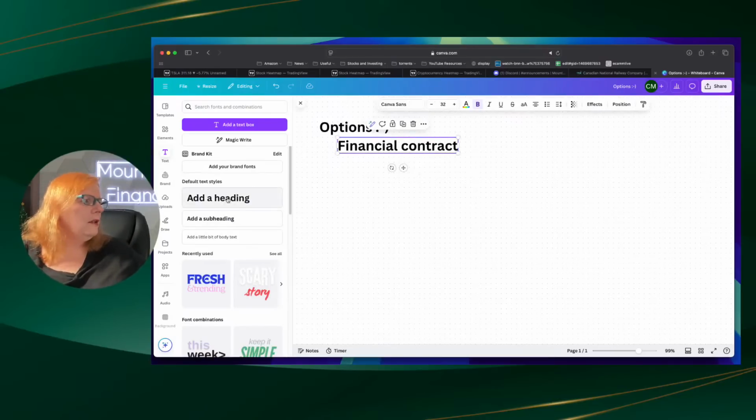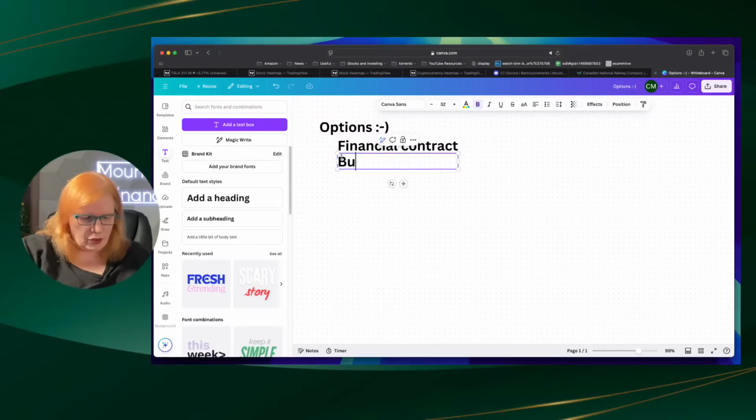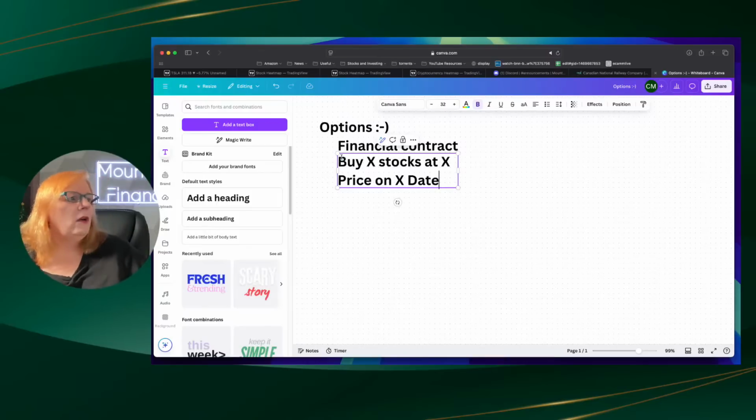In a nutshell, you're going to buy X number of stocks, at X price, on X date.